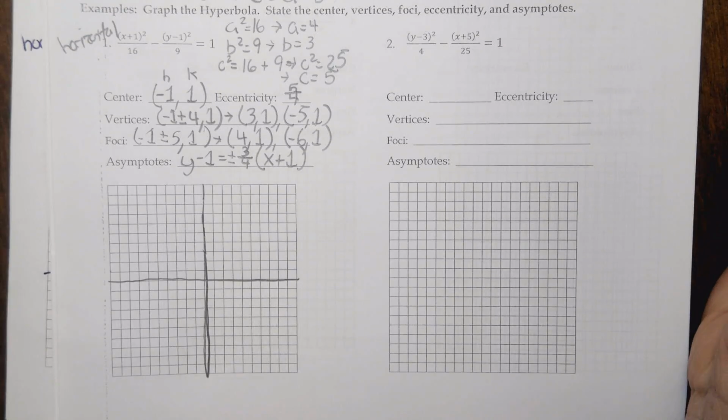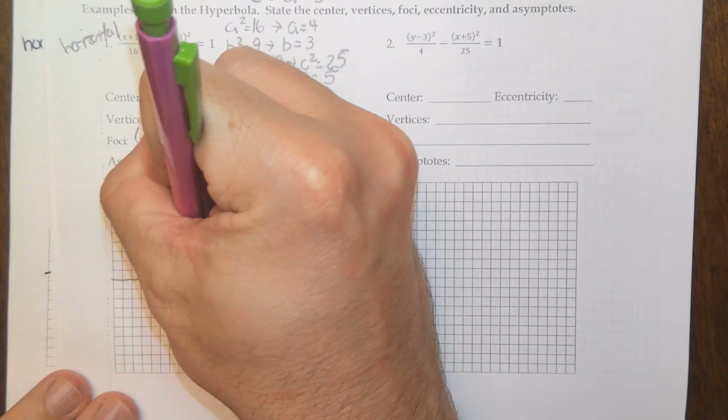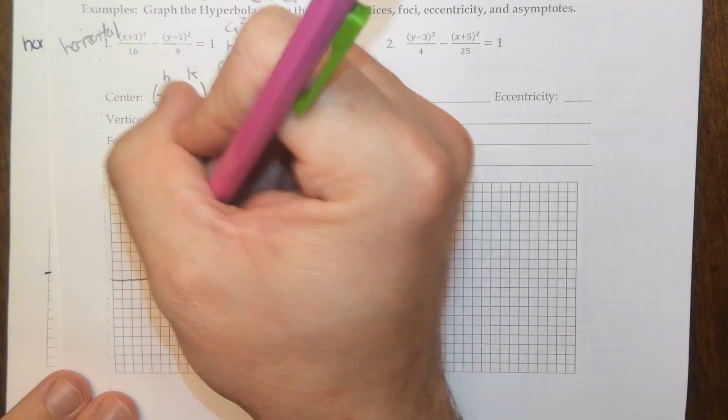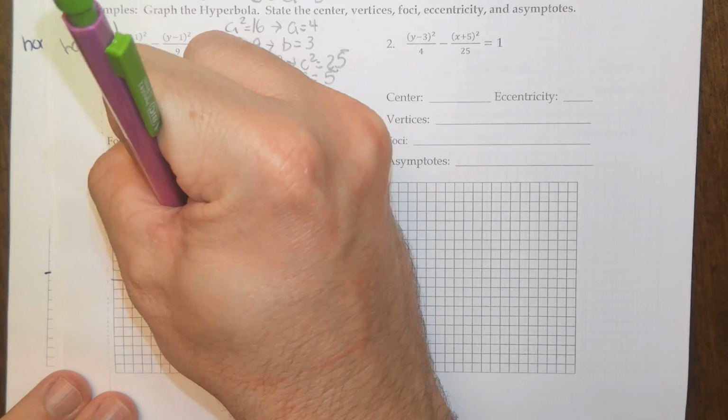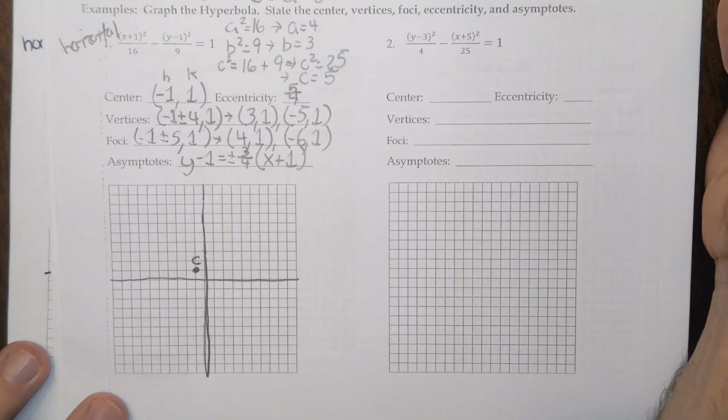Let's start off with our center, negative 1, 1, and we'll put a C there for center. We know we have a horizontal hyperbola here because the a squared is under the x. So we know I'm going to go to the left and the right of the center to put my vertices and my foci.